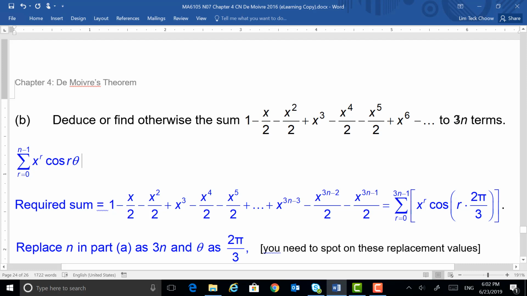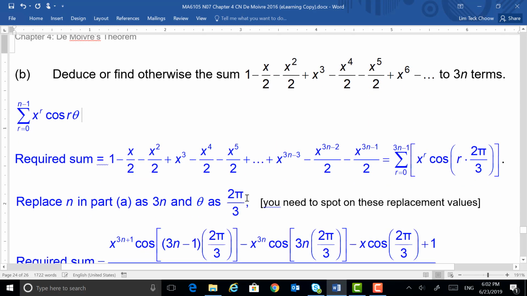But what is difficult in this question is you must be able to spot a value of θ so that this entire expression matches this. Say again, you want to be able to spot the value of θ so that the series will match this. And the value that you will spot for θ has to be 2π/3.